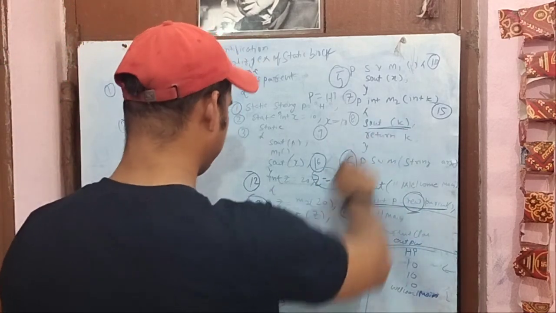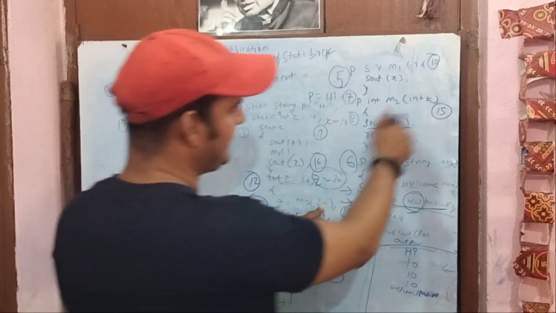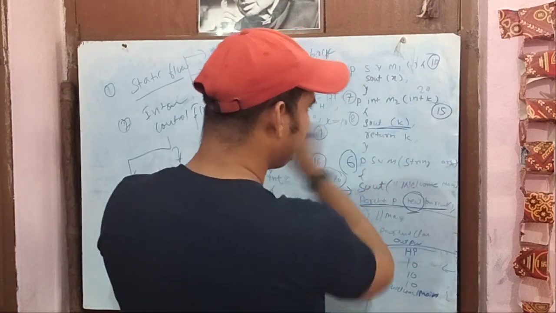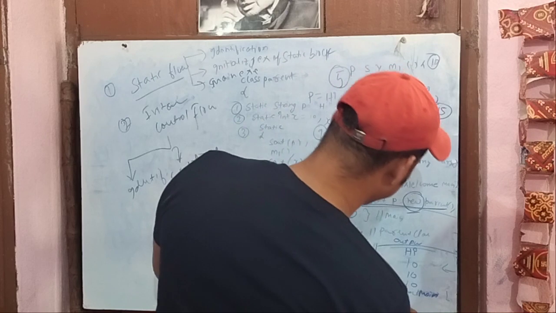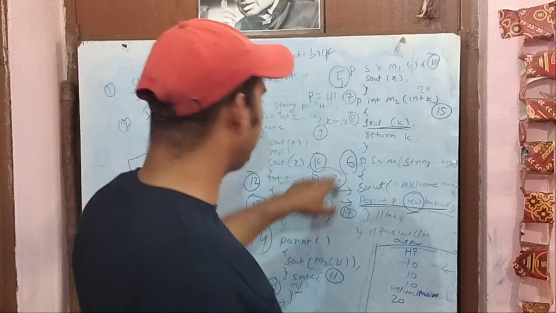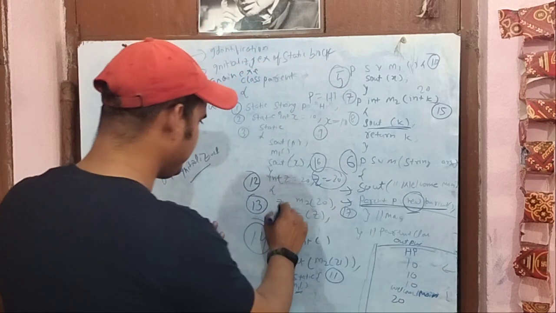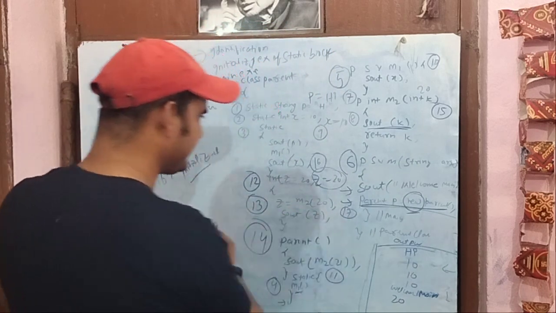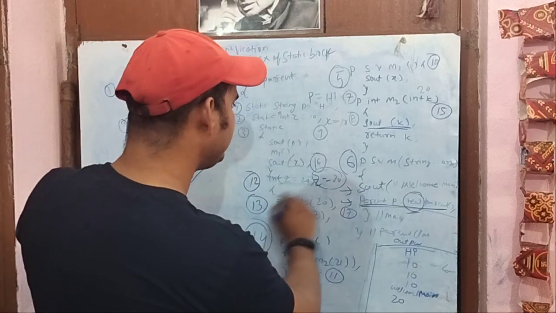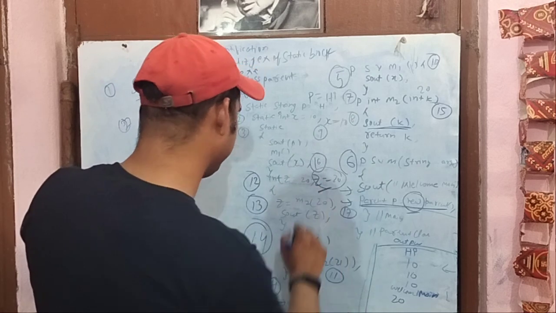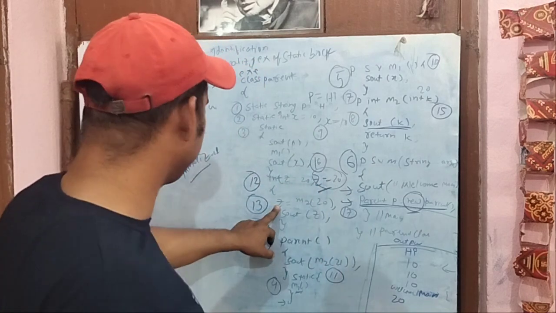Now we are passing 20 here, so 20 will come, and we are printing k, so 20 will be printed. After that we are returning k, so this k comes here and 20 will be stored again in z.